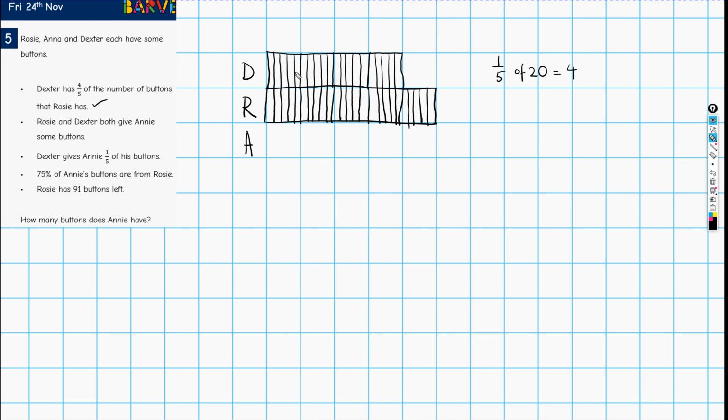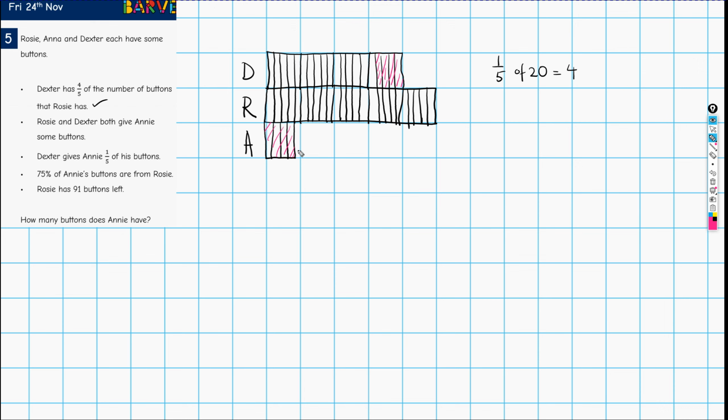So Dexter's going to give Annie 4 parts. That's going to be up to here, and we'll draw that in down here. So this is what Annie gets: 1, 2, 3, and 4. So I'm going to shade those in as well. We can see that that's what came from Dexter.